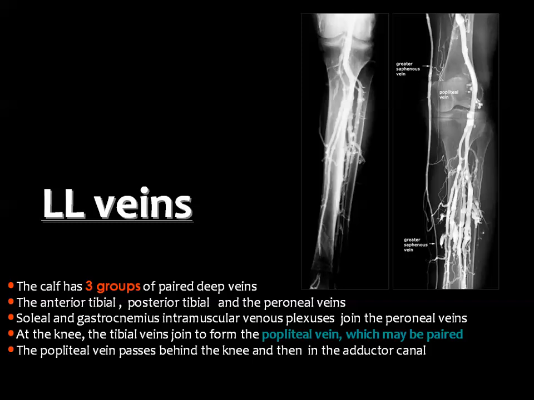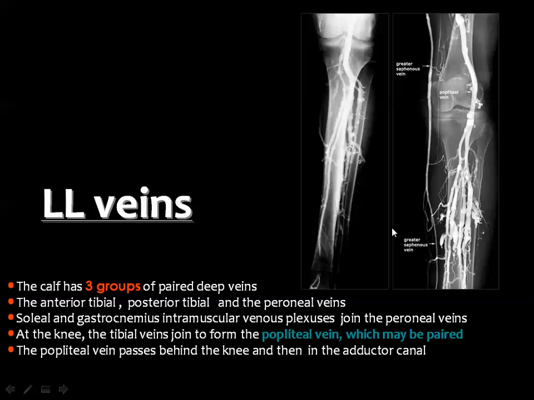And if there are perforators, we can delineate these perforators, providing the blood supply or shifting the blood supply from the deep to the superficial venous system. And you know that we have three arteries here: the anterior tibial, the peroneal and posterior tibial.